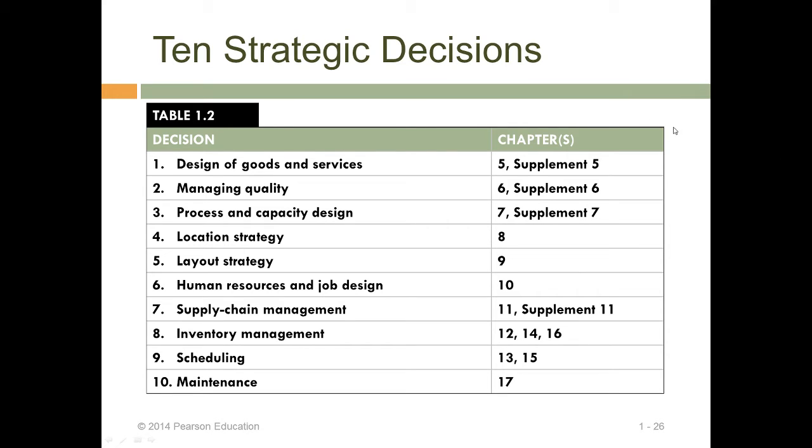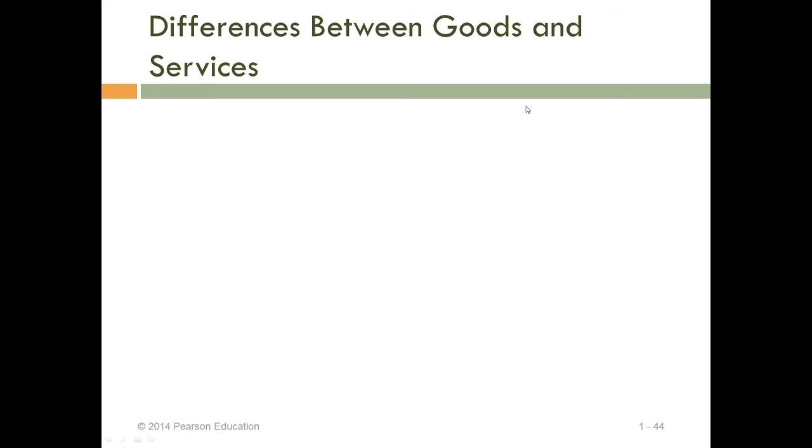Now, the key question in general that we ask ourselves: is there a difference between goods and services? Traditionally, there has been a very clear difference between goods and services, but this difference is blurring a little bit. It's reducing as goods and services are merging. But traditionally, we used to consider that services tend to be intangible as opposed to goods that are tangible.